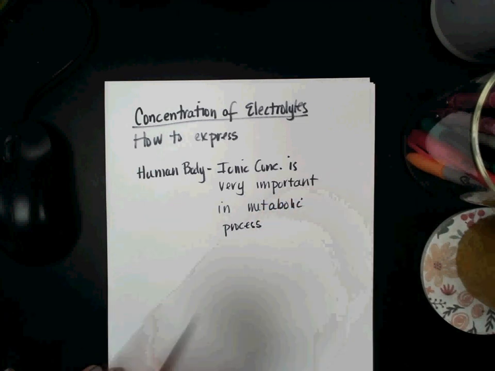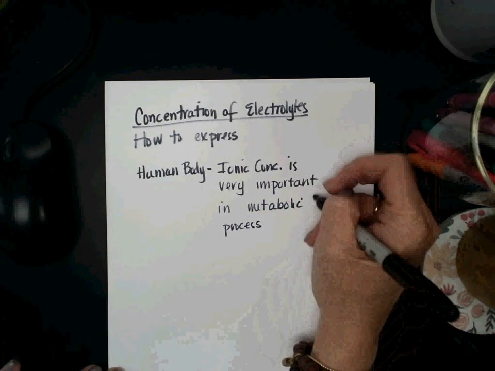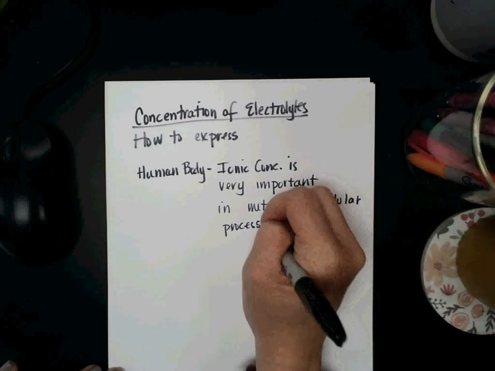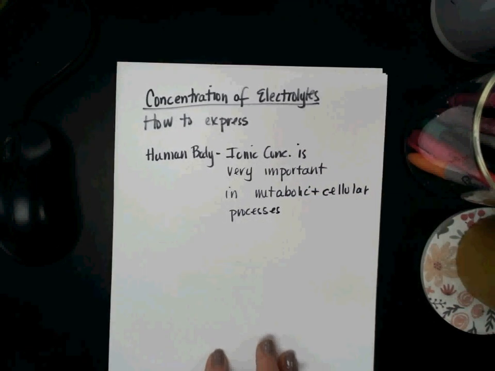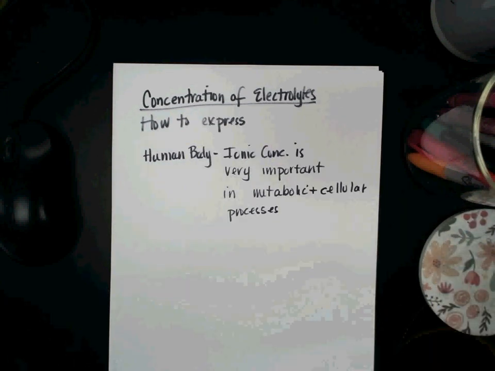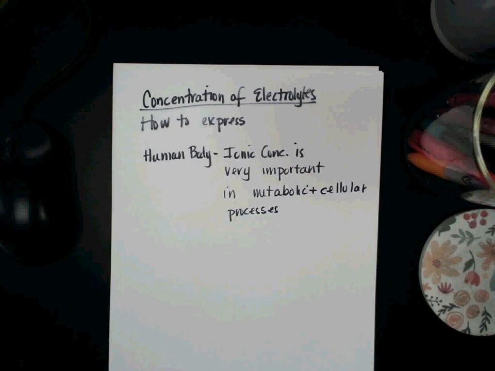Ion concentration within your body is super important in metabolic and cellular processes. If your ionic concentration is out of whack, I think I talked about that before with lithium and how people who are paranoid schizophrenic have messed up lithium ion concentration. And it could be something as simple as your salt concentration or your potassium. If your potassium concentration is bad, it can really mess you up.